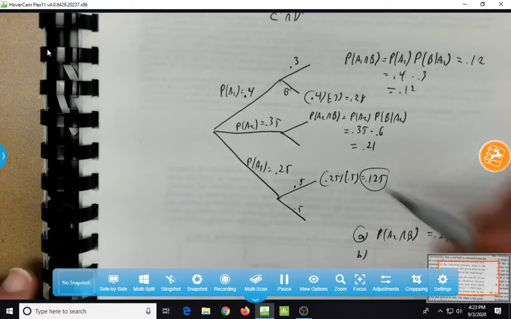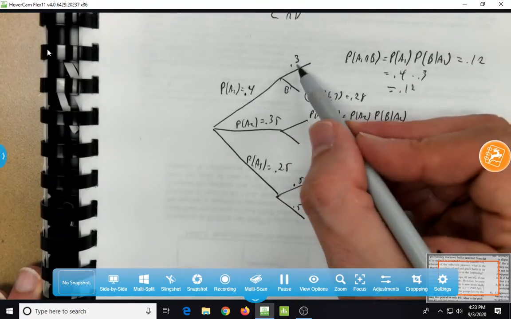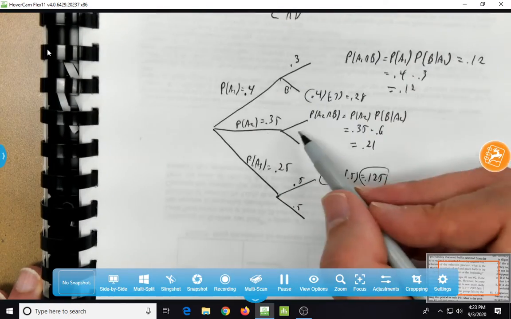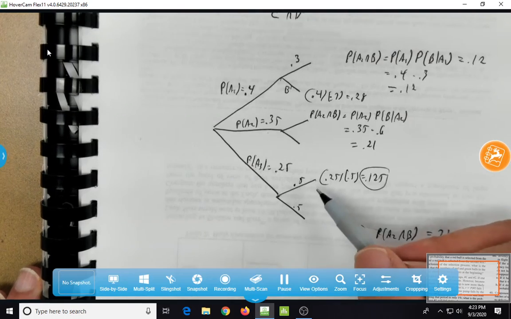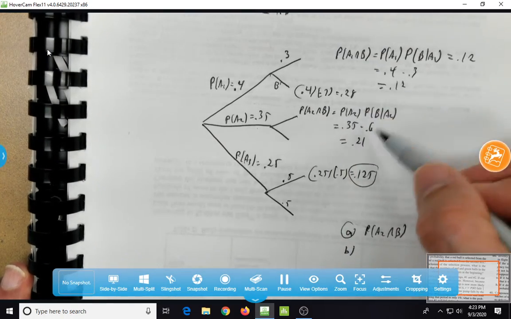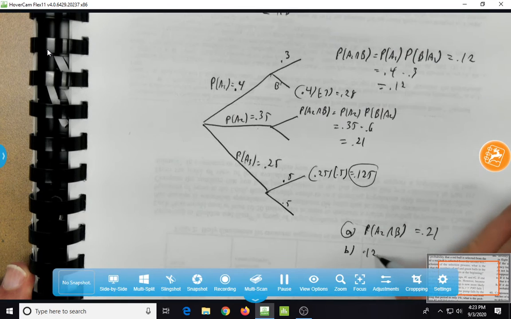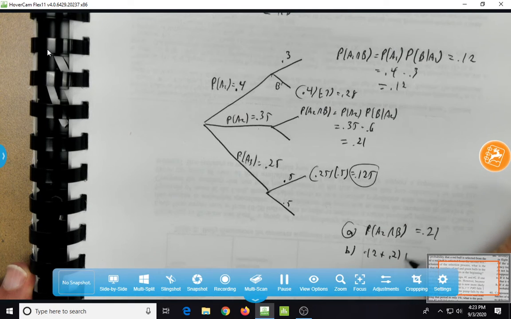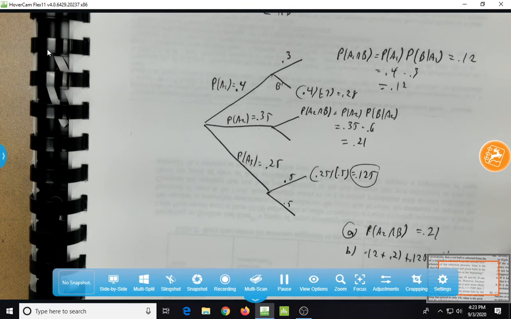Well, I need to find all the probabilities where we ended up with a B. Here we got a B, here we got a B, and here. So we could add up these 3 probabilities, 0.12 plus 0.21 plus 0.125. And again, what we get is 0.455.